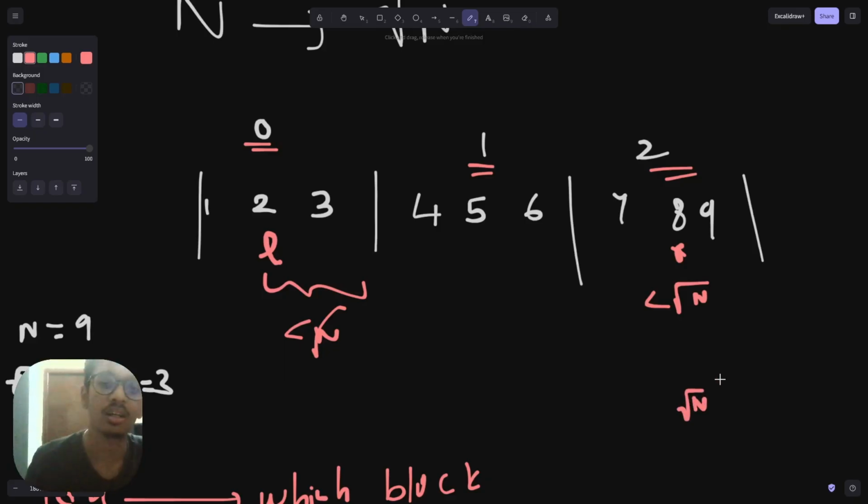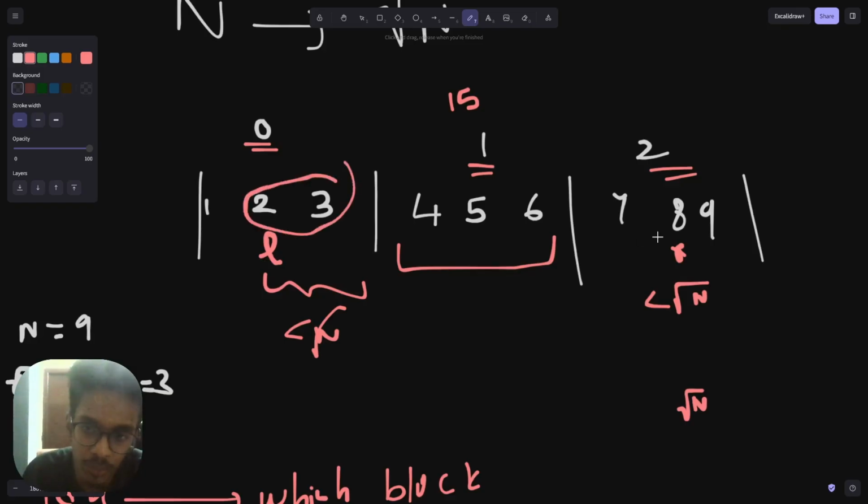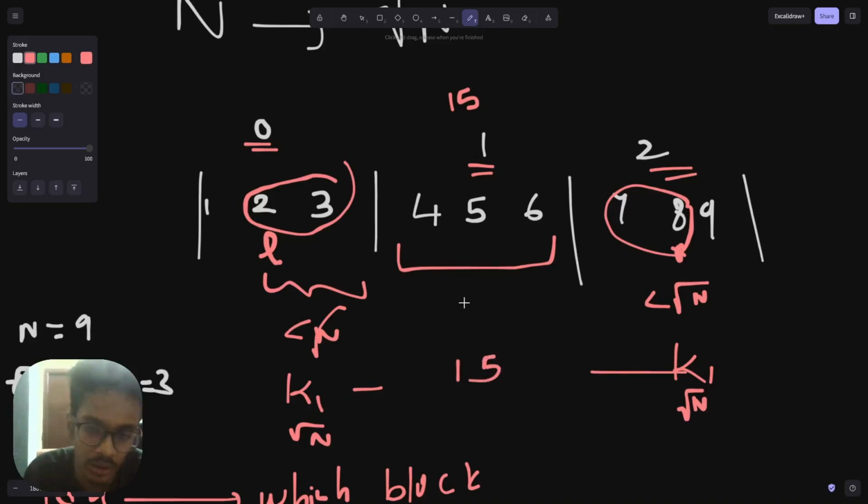You're not taking a huge amount of time. And in between, let's say there's a block here. You know the sum of this block is 15. So you can compute this partial part via brute force, and let's say this gives you some k1 sum, which won't take you greater than root n. And this part is 15, which you already know.